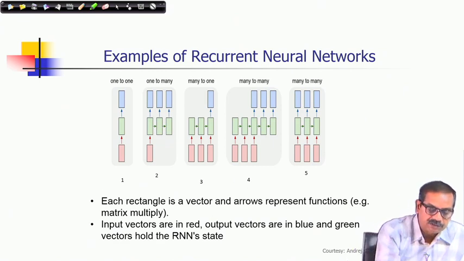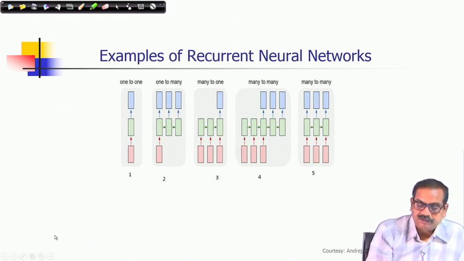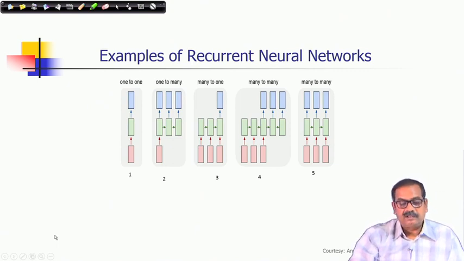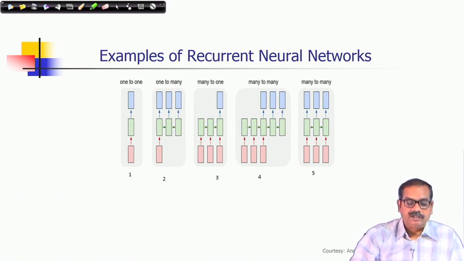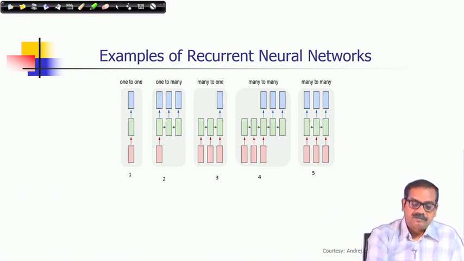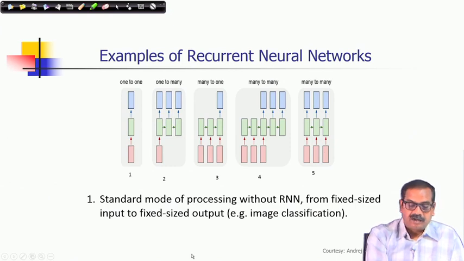So, let me just explain. Suppose these are different configurations. The first one is the 1-to-1 configuration, which means the input is a fixed-size vector and the output is also a fixed-size output. An example is image classification, and this is conventional neural network processing. You do not require an RNN for this kind of processing.